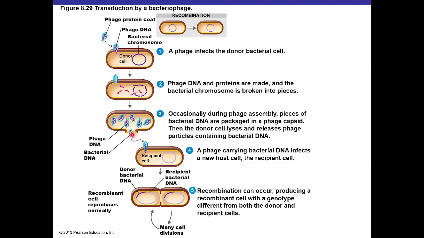So now, when a new bacteria, which is going to be the recipient, receives this virus that carries the bacterial DNA and infects the new cell, you will have a donor bacterial DNA. So let's say that this was a gene that basically gave resistance to antibiotics.